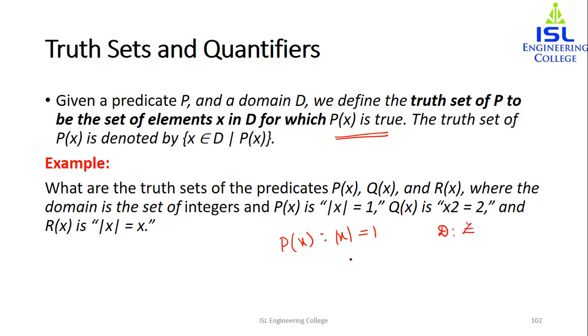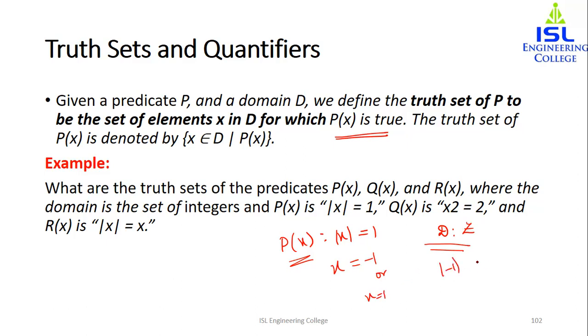Now in this case, we are asking what is the truth set? For which values of this domain is this predicate true? That is what we are supposed to find out. So mod x is equal to 1. What are the integers for which this will be true? Suppose we take x is equal to -1 or x is equal to 1.